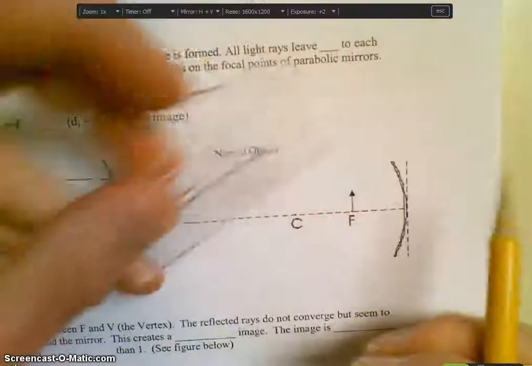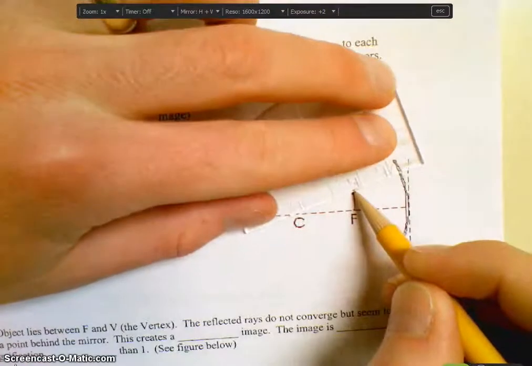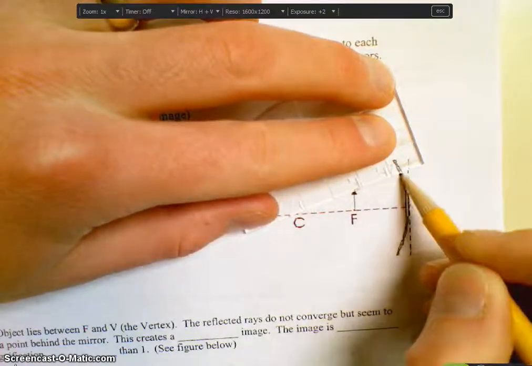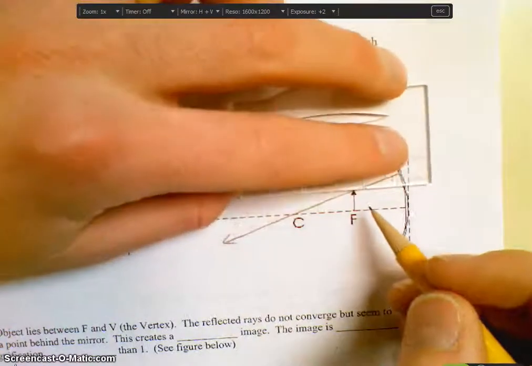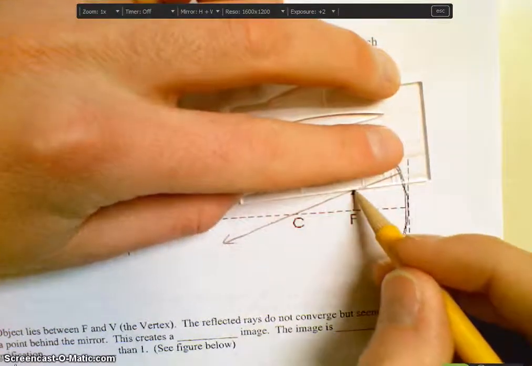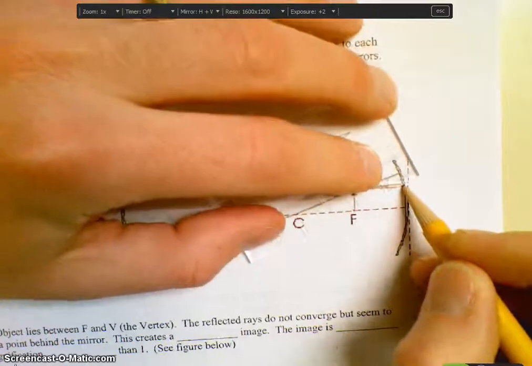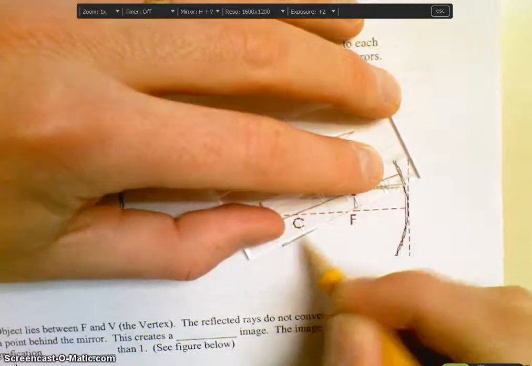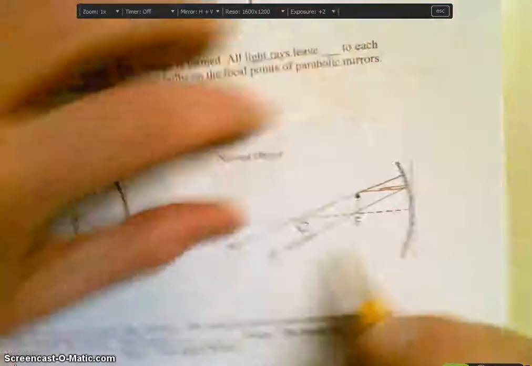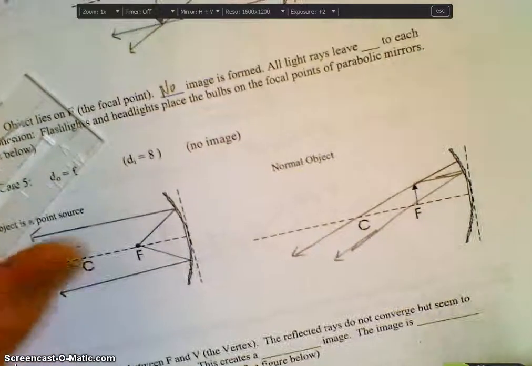And we can do the same type of thing here. You do as if it's coming from C, and it reflects back on itself. And then we can do one that's in parallel, and then it reflects through F. And those are parallel lines, so they never converge as well.